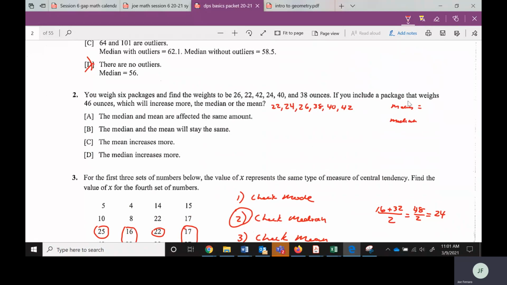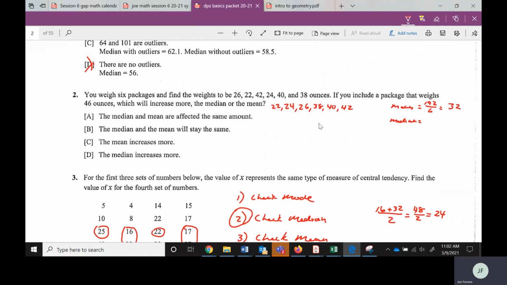You take your calculator and add these all up. It adds up to 192. And you divide by how many numbers there are, which is 6. And so the mean comes out to be 32.